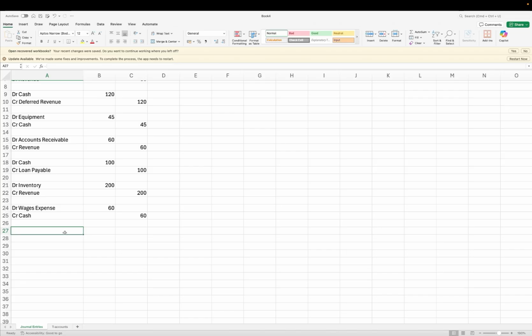Because the company receives cash, the cash asset increases. Again, we've got some cash by 90, right? At the same time, the goods are no longer owned by the company, so inventory decreases.